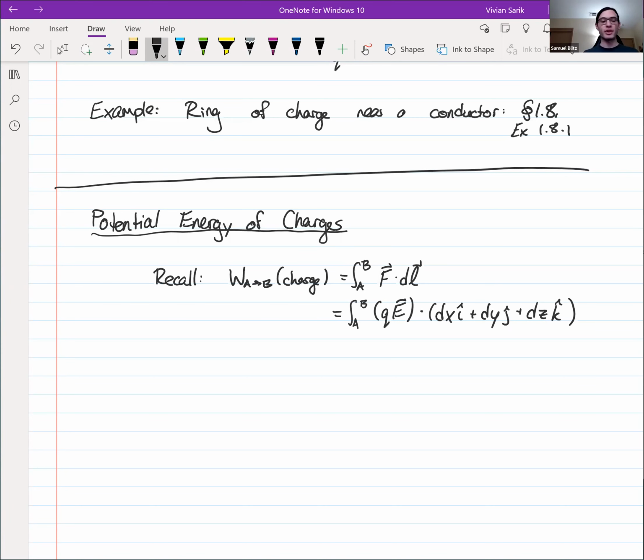In the example we gave when talking about dipoles, this worked out to be q times E times dx, because the electric field was just in the x direction, so the dot product makes the other components drop out.